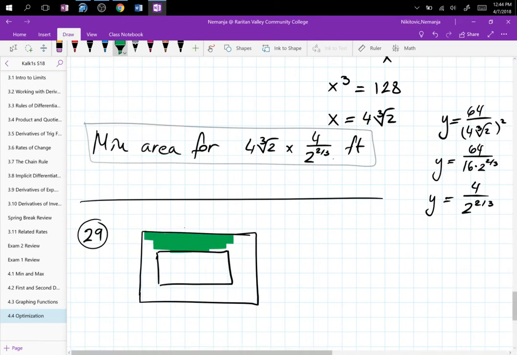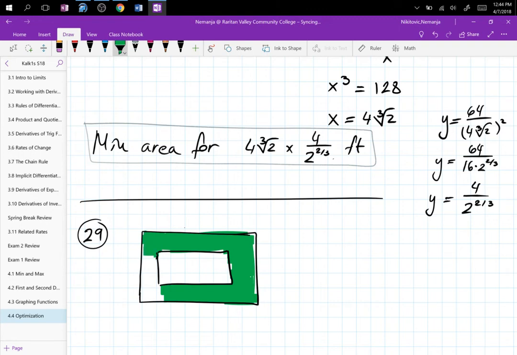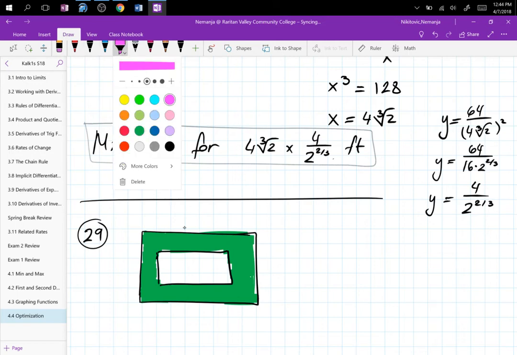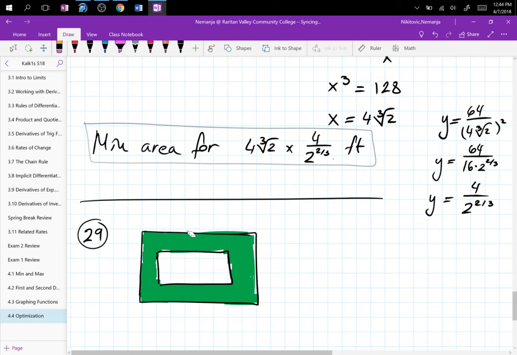So that's grass. And this is where the flowers are. You don't want me being in charge of this because that's what you get.